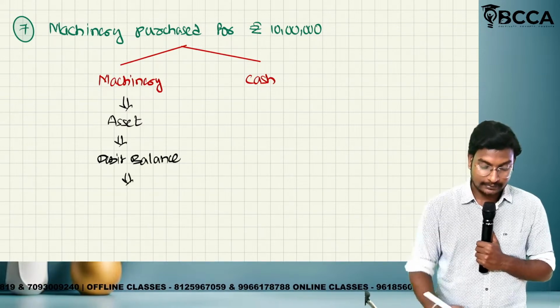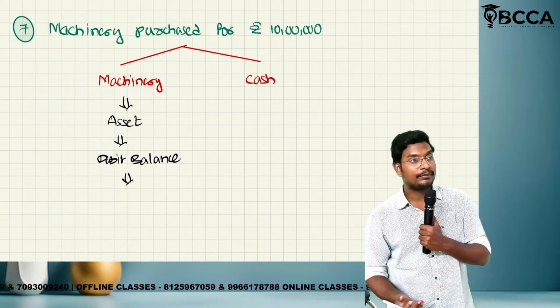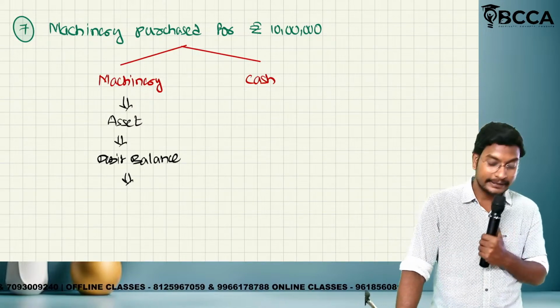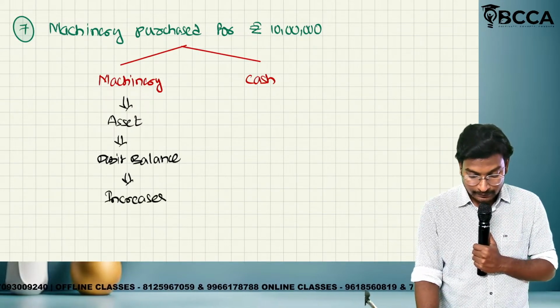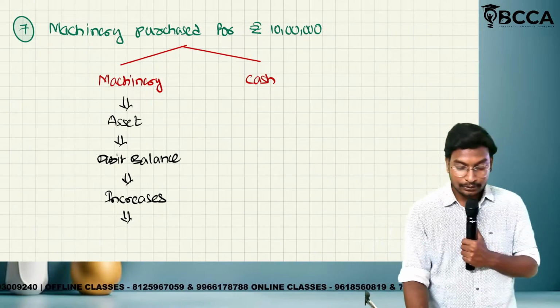Debit balance. So we are purchasing the machinery, that means the machinery comes into the business. So the machinery value will increase. So what do we need to do? The debit balance increases, so we need to do what?